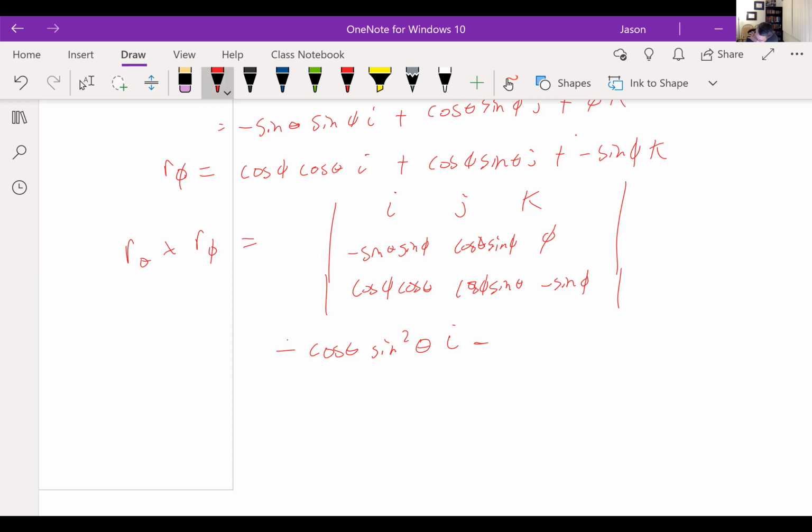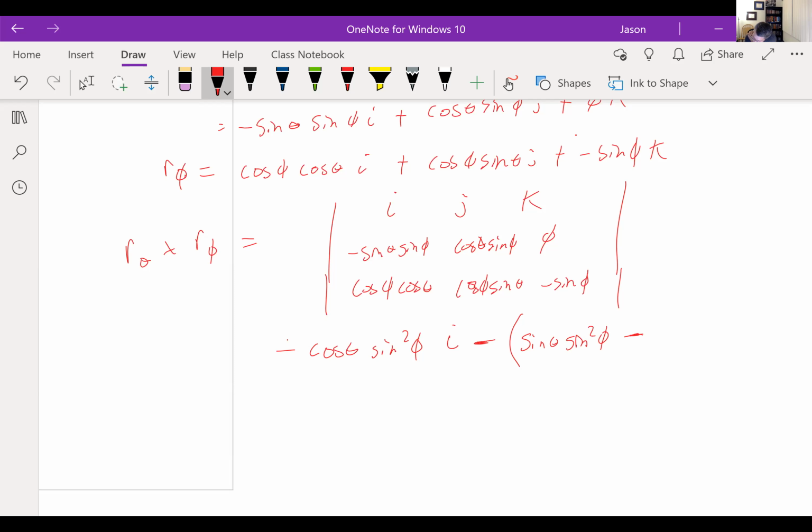Minus what? Cross off row and column here. Minus sine squared phi sine theta. Did I screw this up? What was the first one? Oh, this is a phi. Sorry, let's try to keep these all in order. This is going to be sine theta sine squared phi.